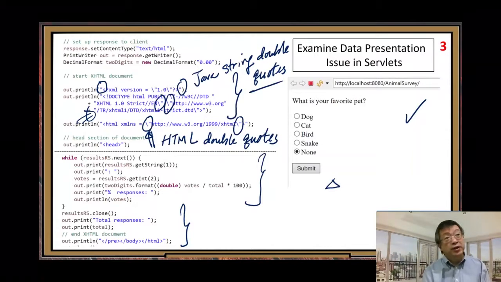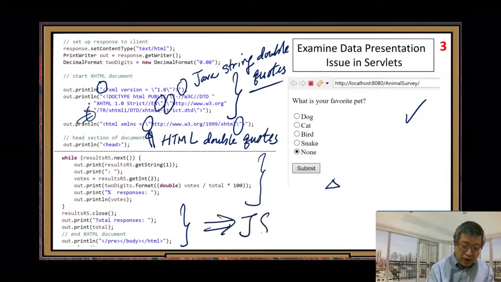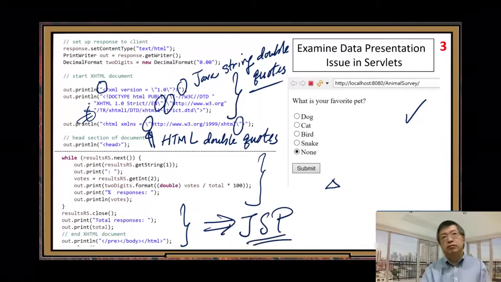But we eliminate 99 something percent of things like this in a servlet. So that is the goal for a new technology. That new technology is JSP. It is the main goal for this problem.